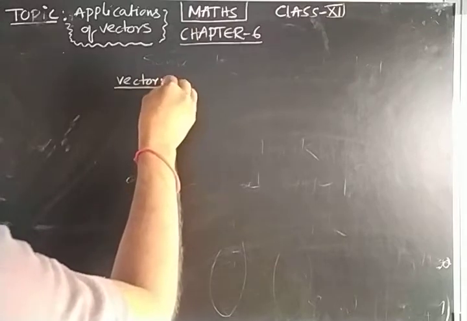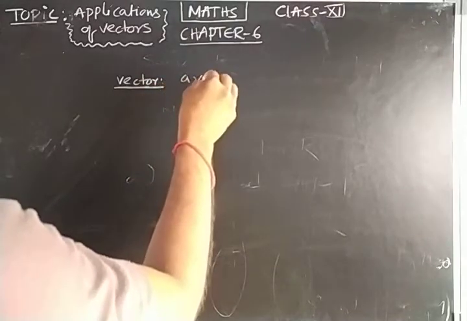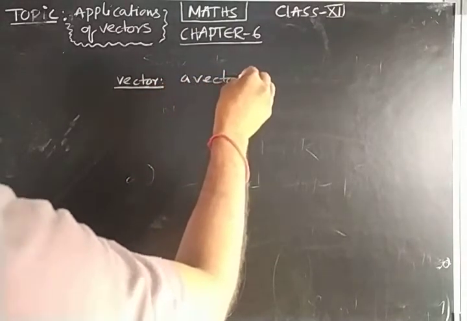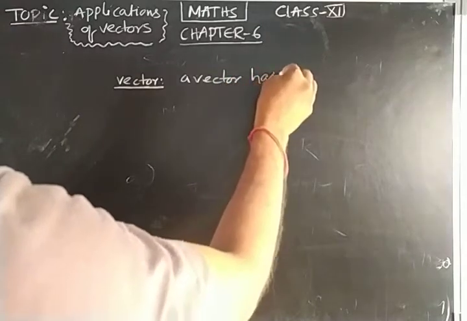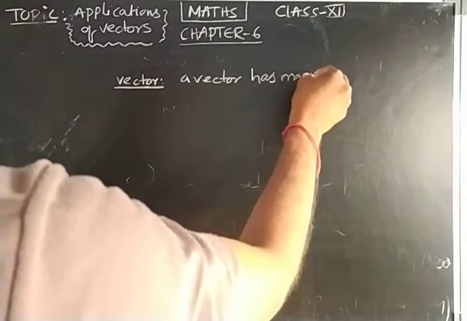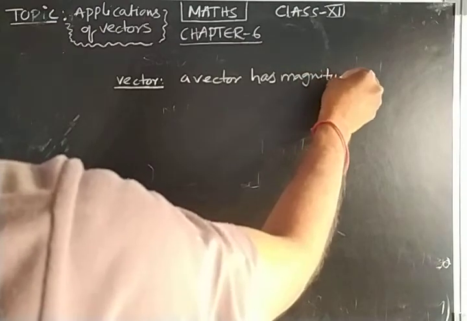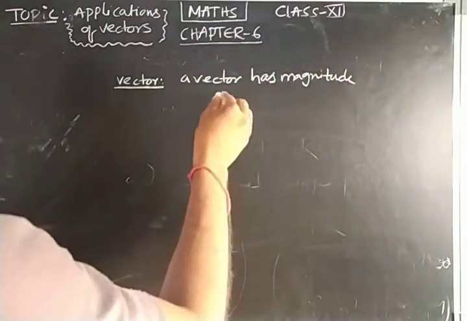Vector definition: a vector has magnitude and direction.